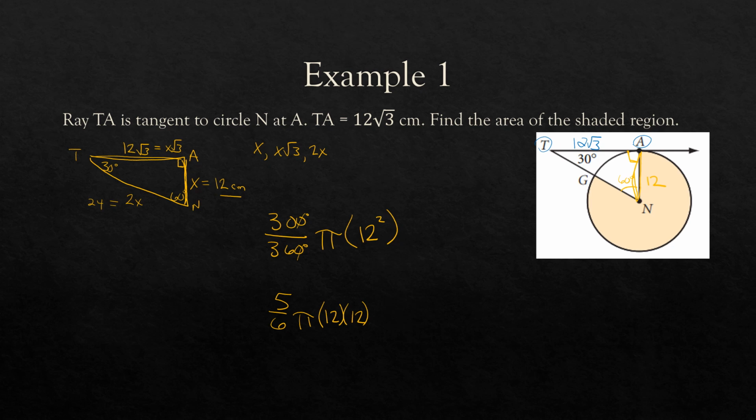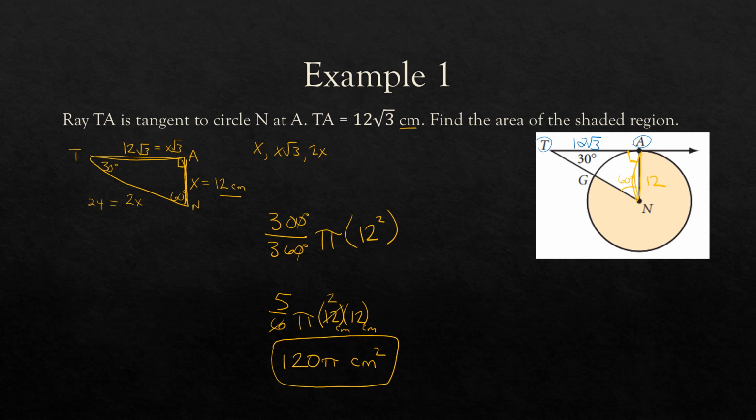Because I want to cancel 12 with the 6 and leave it as 2. Now I have 5 times 2, which is 10, times 12, which is 120, times pi. These were centimeters, so that makes this centimeters squared. So 120 pi centimeters squared would be my exact answer.